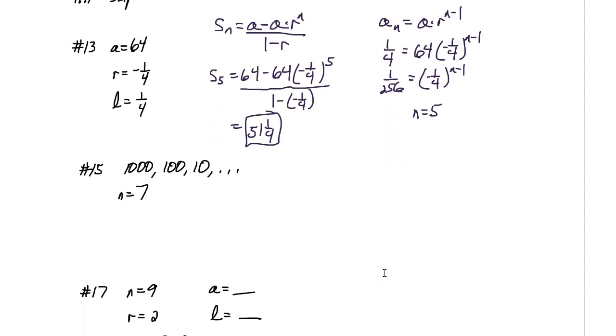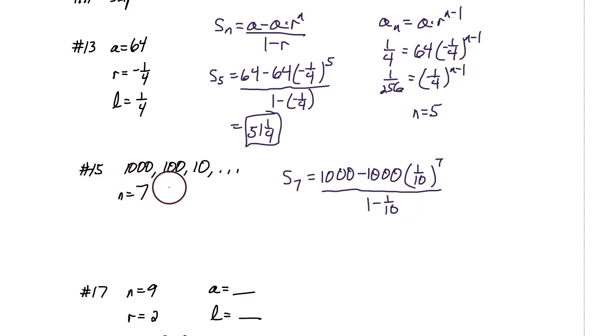Next, number 15. Find the sum of this geometric progression if you're going to sum up 7 terms. So we have the sum of 7 terms is equal to the value of a minus the value of a again times r, which is 1/10, to the 7th power, divided by 1 minus 1/10.